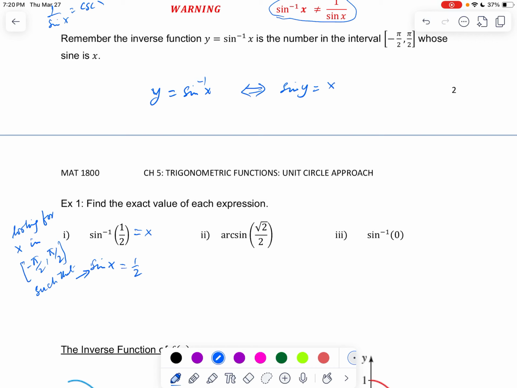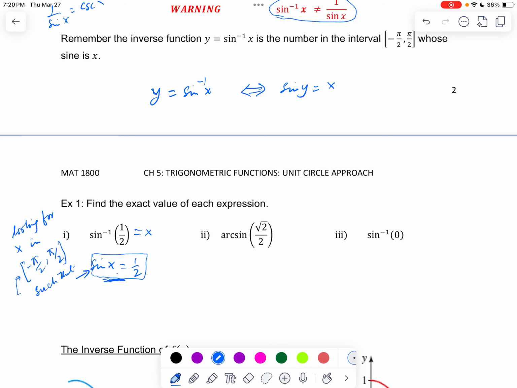If you notice, this is like solving a simple basic trig equation. We are looking for the solution of this equation in this interval. Remember, if I ask you to solve this equation, there are infinitely many solutions.